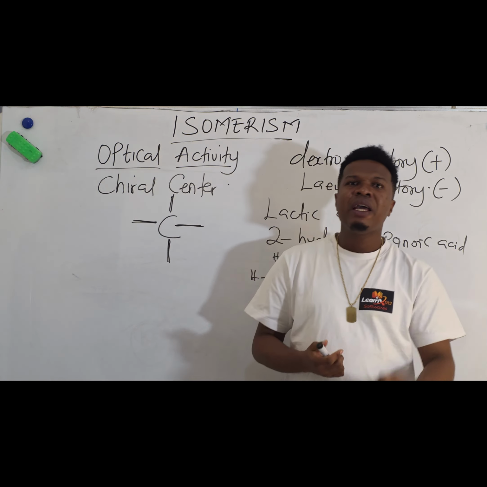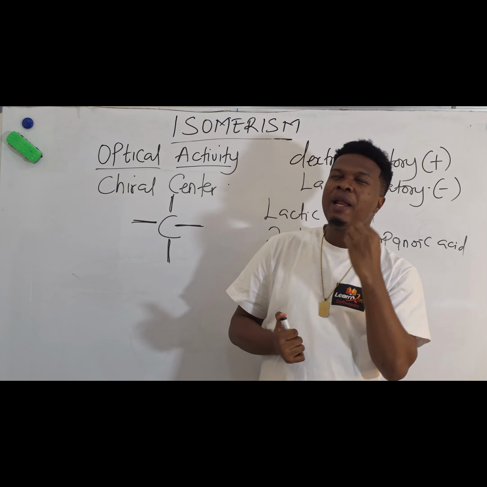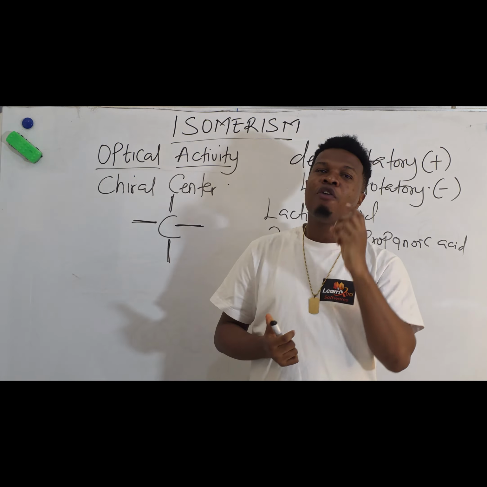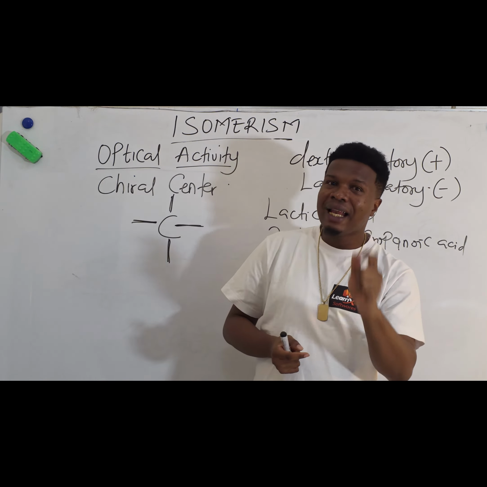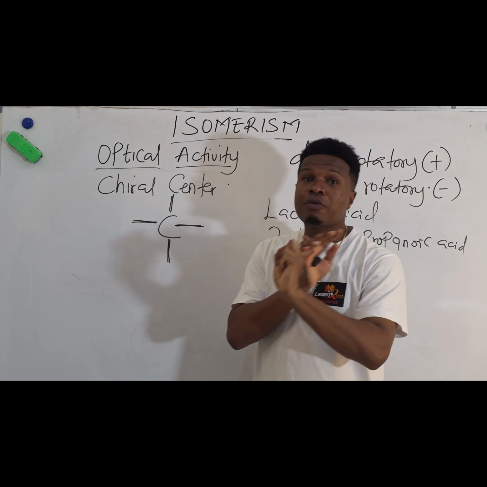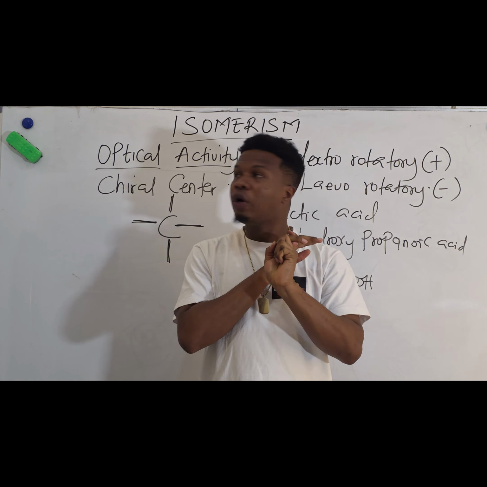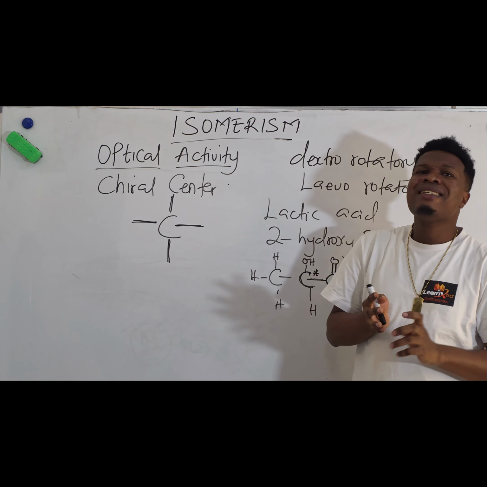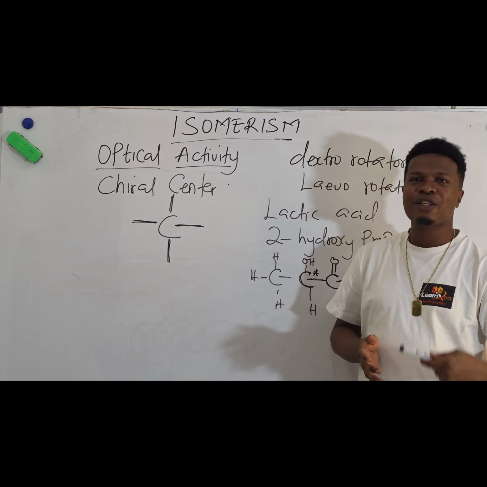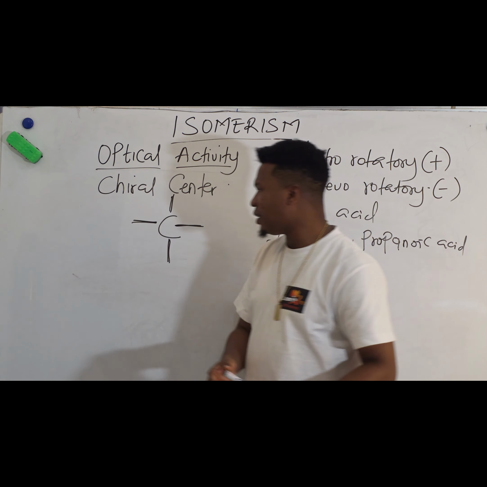The criteria for optical activity is 1, a chiral center, and 2, the molecule must be asymmetric. A good example of an optically active compound is what we call an enantiomer.